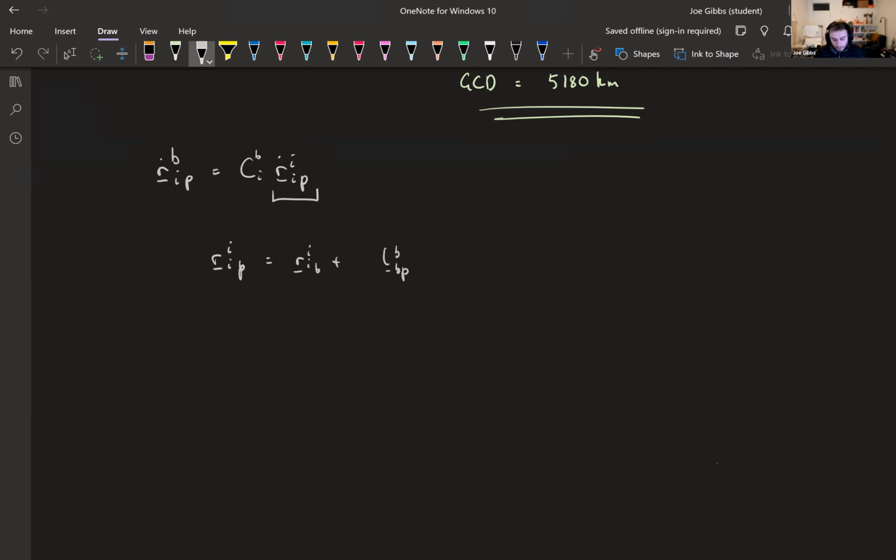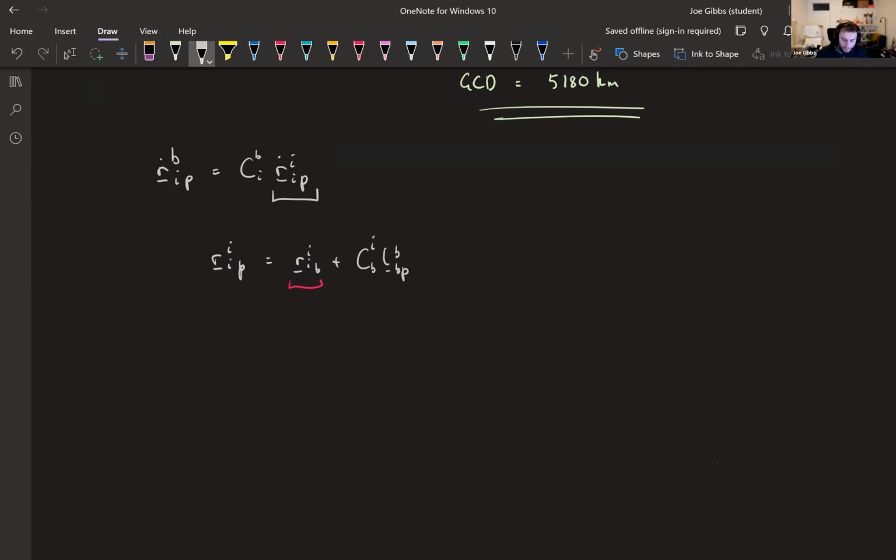Now, we can't directly add this length to our previous position because we're resolved into different frames. So again, we need to use a direction cosine matrix to go from body to inertial. And that gives us basically our rough geometry for the position of the pilot.